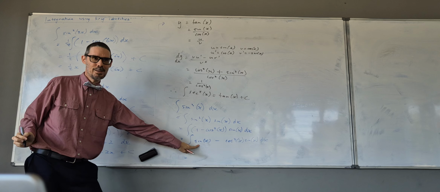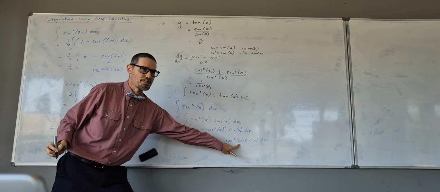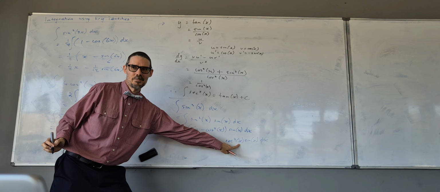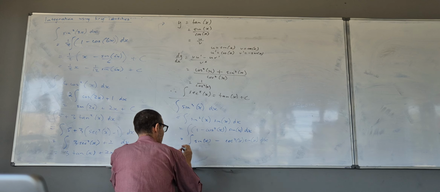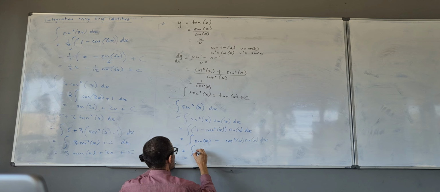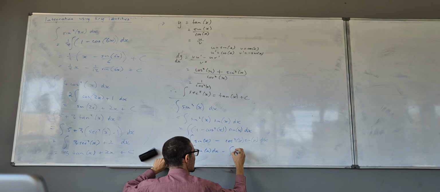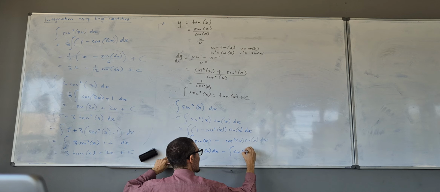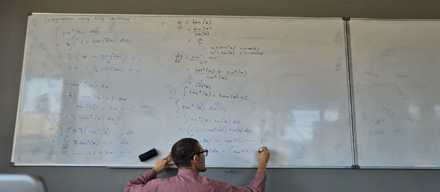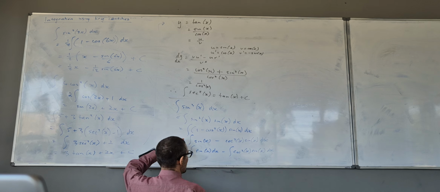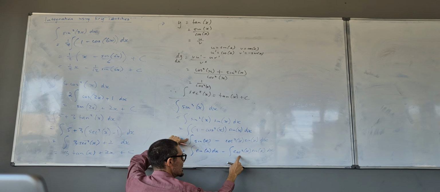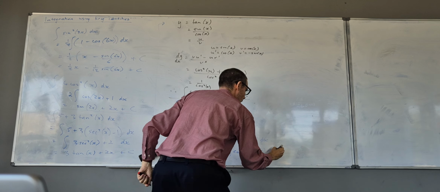This one's easy, and this one I can use substitution. Let me write it. Integral of sine x minus integral of cos squared x sine x dx. These are the same, I'm just making it clear. This is the one I'm going to use substitution on.